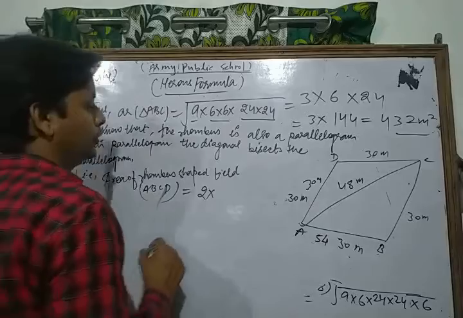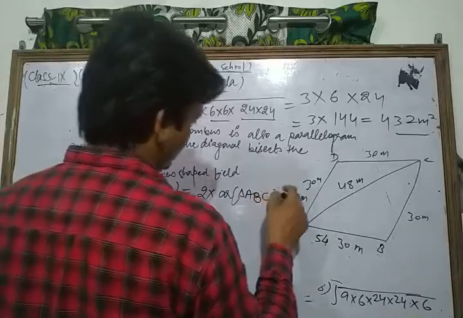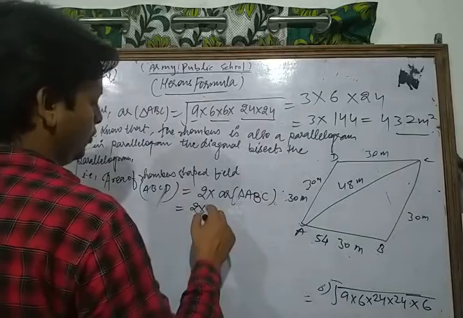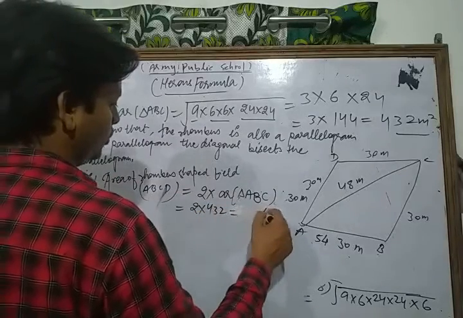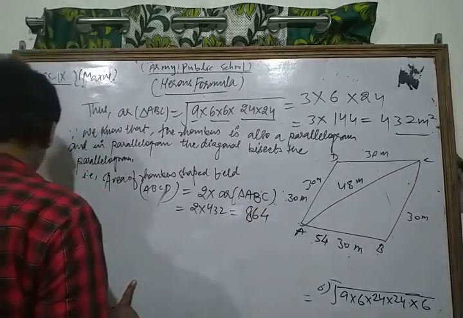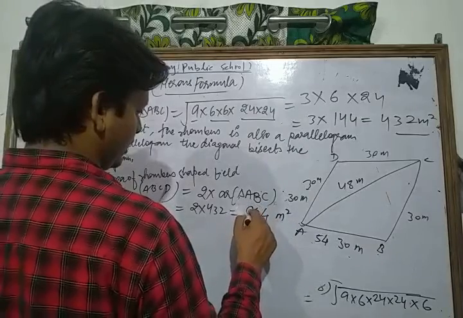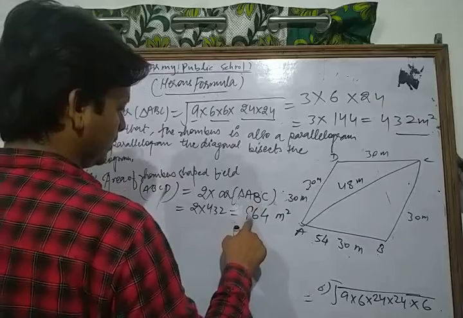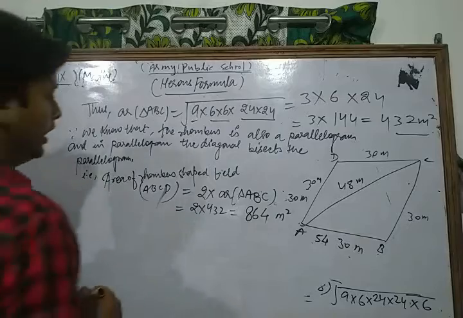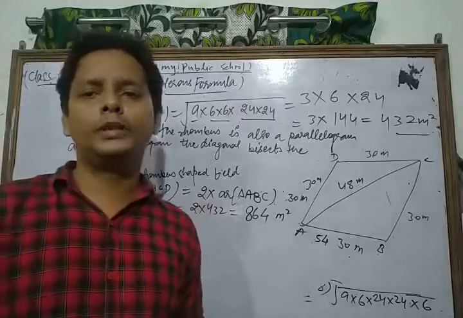So we get 2 into the area of triangle ABC, that is 2 into 432. So 2 2s are 4, 2 3s are 6, 2 4s are 8. So 864 meter square.